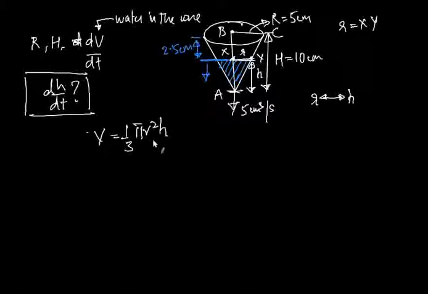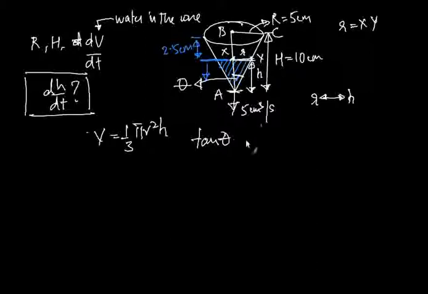If we can express everything in terms of h, then it will be easier to calculate dh by dt. So let's see if we can find some connection between r and h. Let me submit this to you. Let's focus on this angle over here, right? Let's call this angle theta. So what is tan theta equal to?